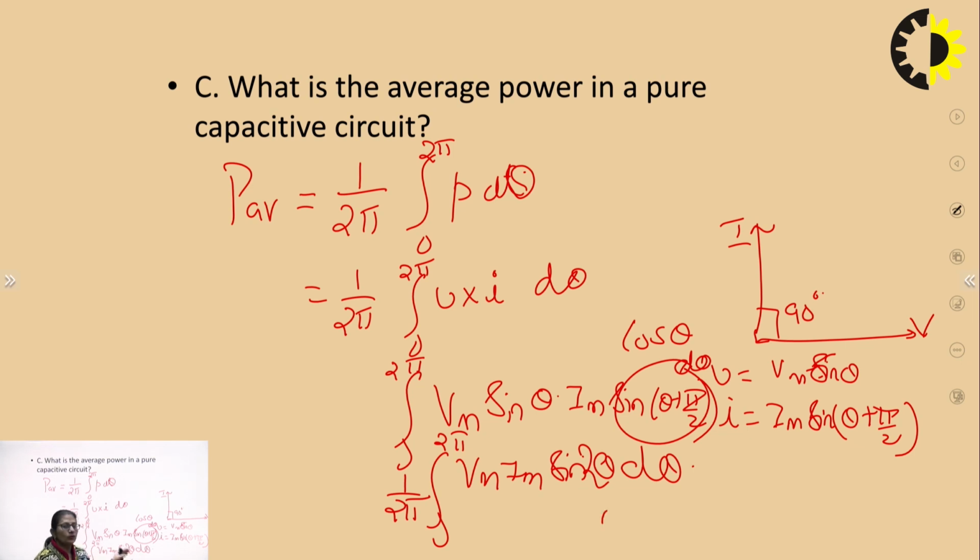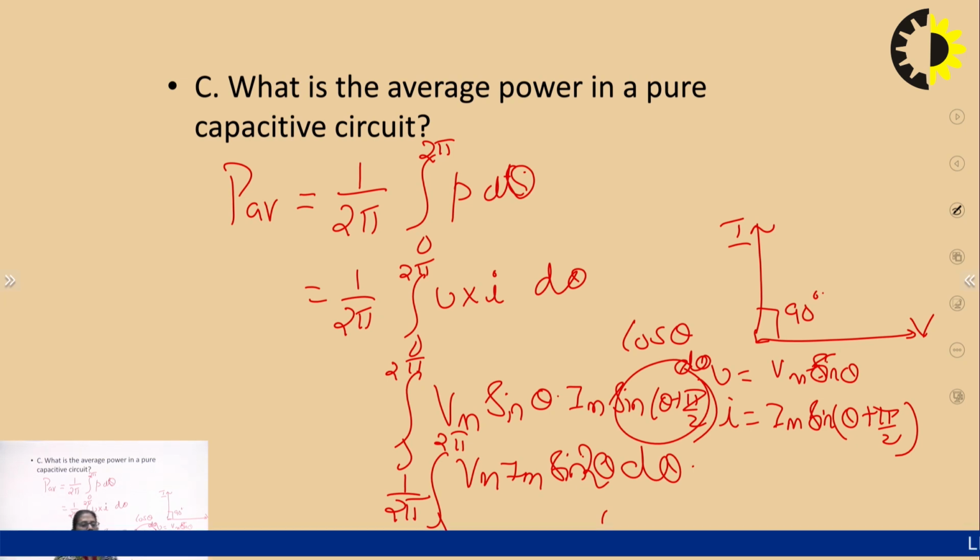Over a complete cycle, any sine wave or cos wave has an average value of 0.